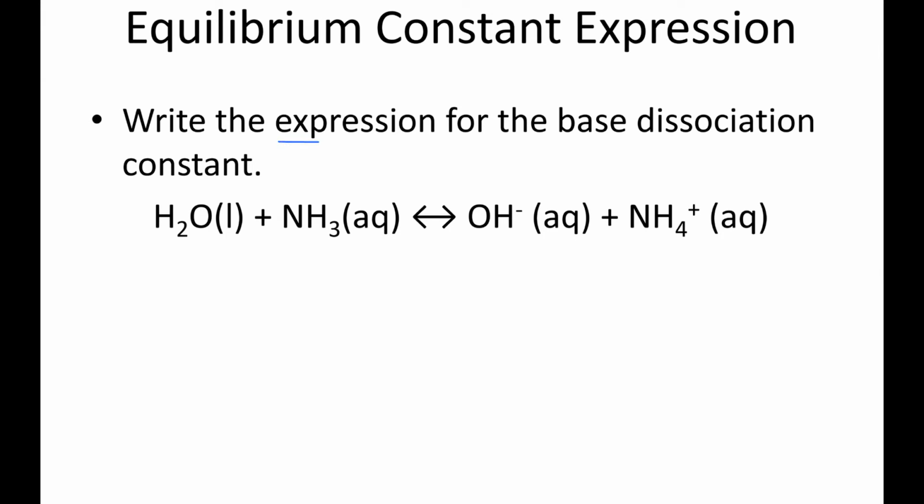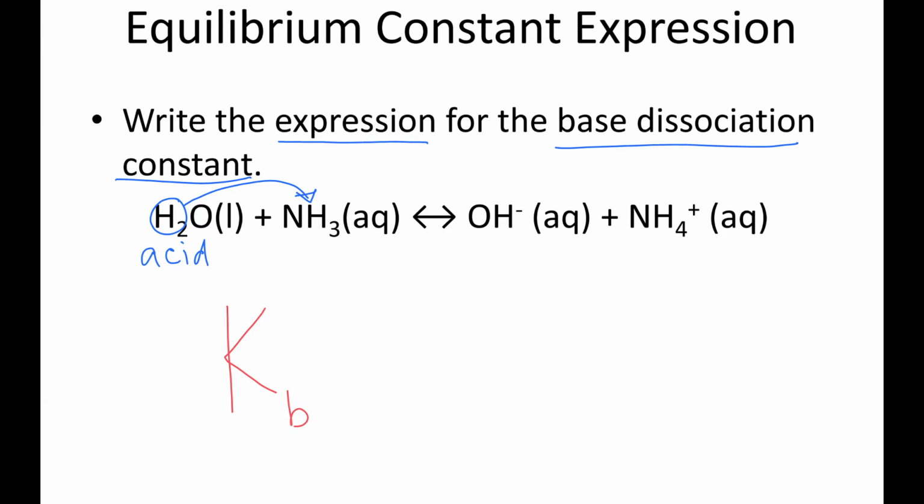So in this example, notice it wants us to write the expression for the base dissociation constant. Remember, our base dissociation is Kb, not Ka. In this situation, if we're looking at what's going on in our reaction, one of these H's in water is being added to ammonia to make ammonium. So water is losing an H, which makes it an acid.